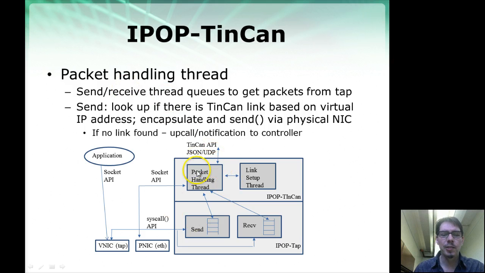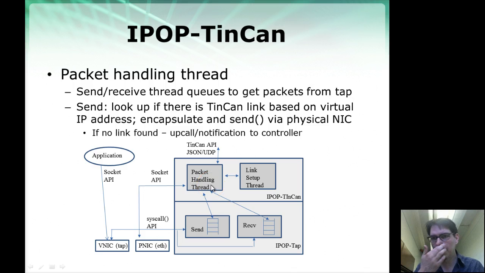So now a packet is in tincan and it's being handled. So the packet will have a destination IP address. This application is sending, let's say, a TCP packet to a web server on the other side of the IPOP network. So the destination IP address will tell tincan which link to use, which tunnel to send this message through. So tincan will keep a mapping: what is the virtual IP address and what tincan link does it map to?